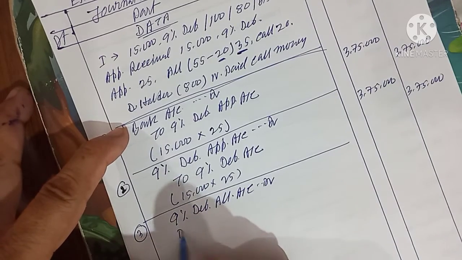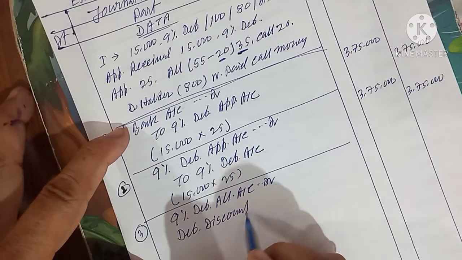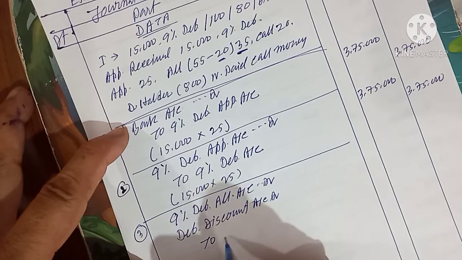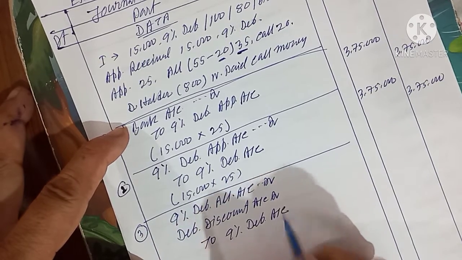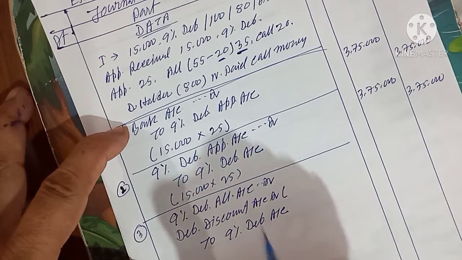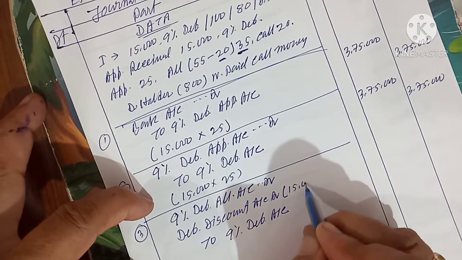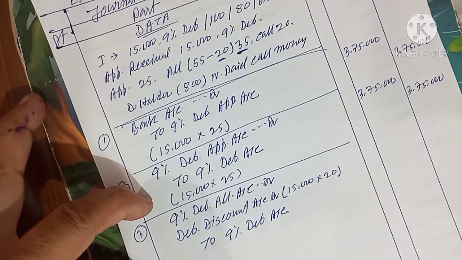So debenture discount account debit to 9% debenture account. That you keep in mind. Debenture discount how much? 20 rupees. How many debentures? 15,000 debentures.